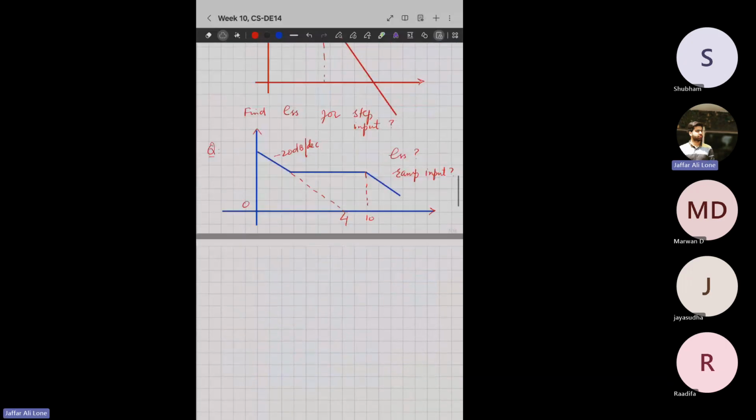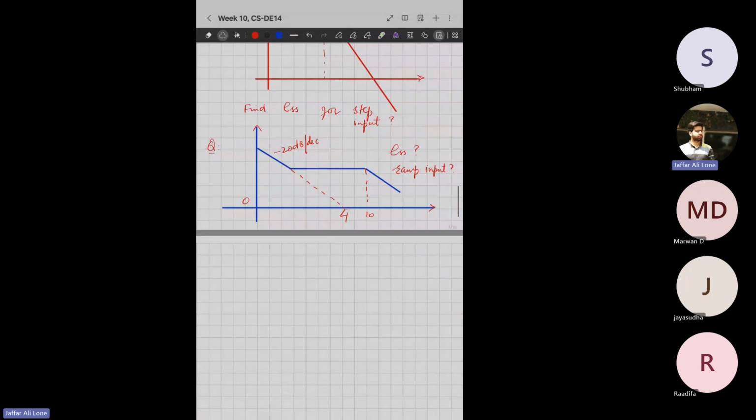Now see, everyone. The question is, for the Bode plot shown in blue color, we have to find the steady state error for a ramp input. First of all, while doing these questions, you should get an idea of the type of the system.